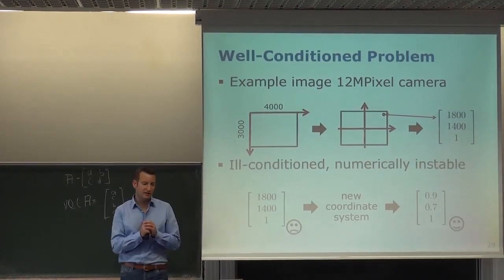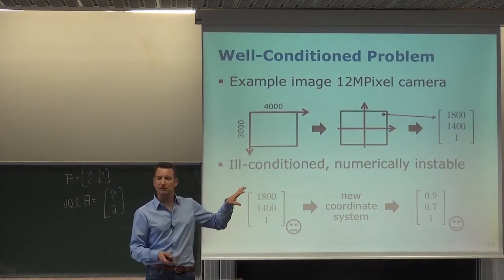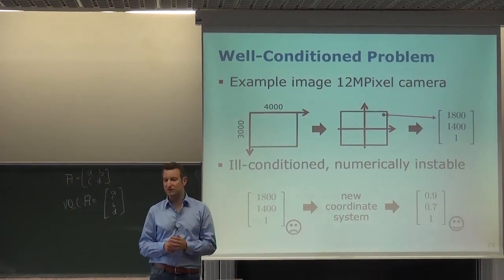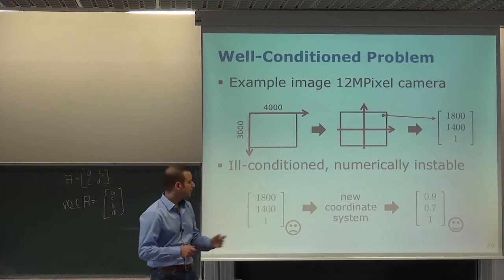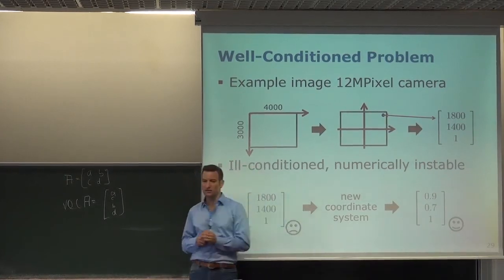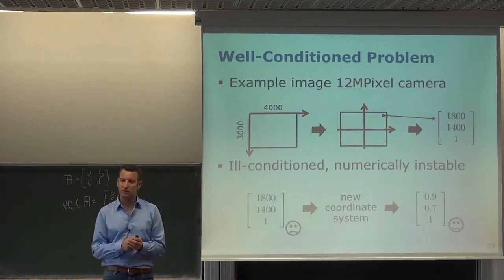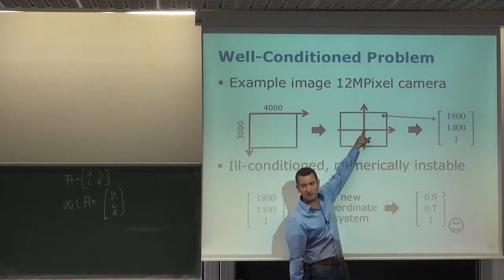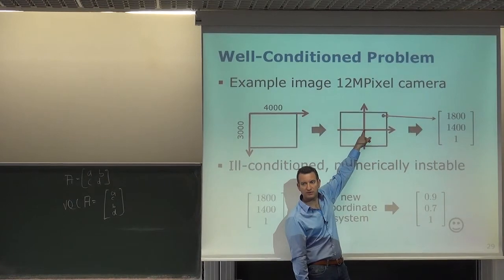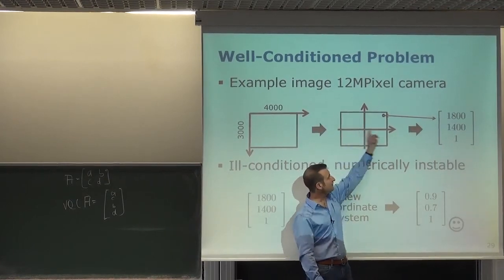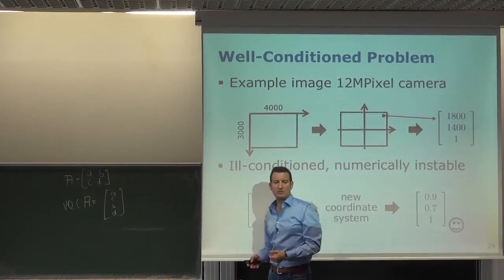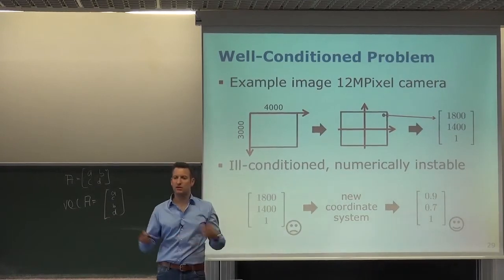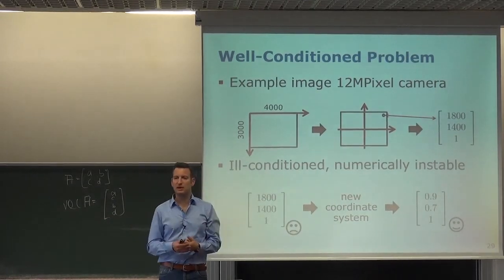And this is actually essential for getting a robust version of this algorithm. This transformation into a new coordinate system is a very, very easy one. The center of the image is the center of my coordinate frame, and then I scale this so that the points lie between -1 and 1. So they're all centered around 0 and take values between -1 and 1.